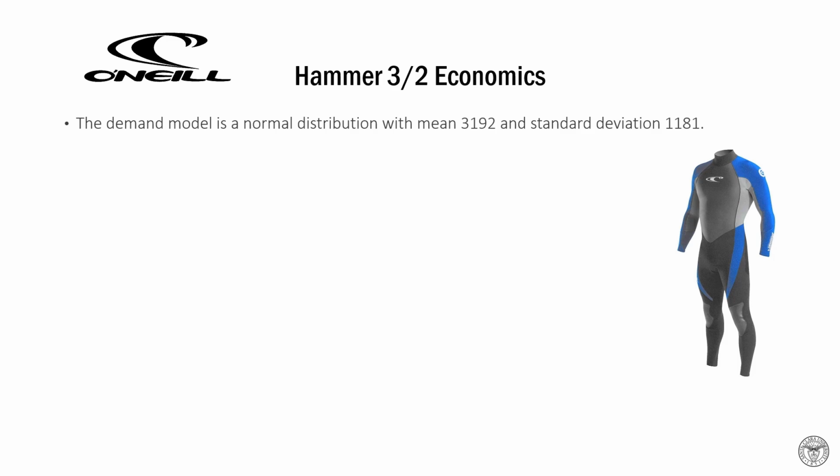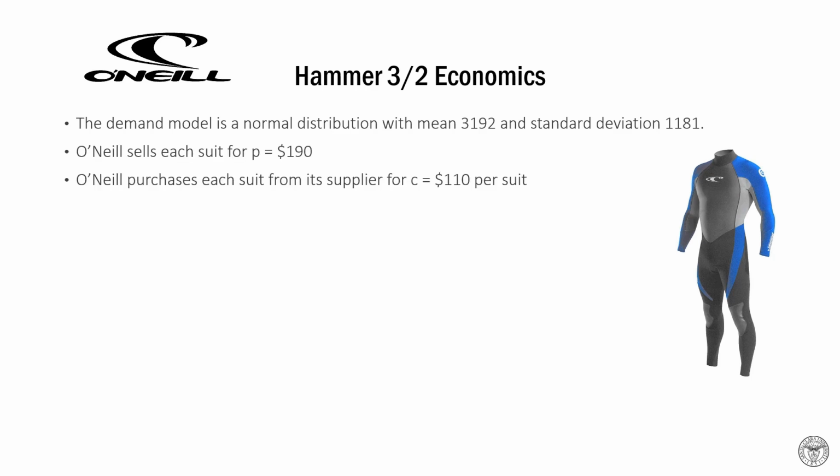As we further analyze Hammer's 3/2 swimming suit case, let's focus on its economics and aim to identify the optimal order quantity. The demand model follows a normal distribution with a mean of 3,192 units and a standard deviation of 1,181 units. The selling price for each suit is $190, while the procurement cost from the supplier is $110 per suit.